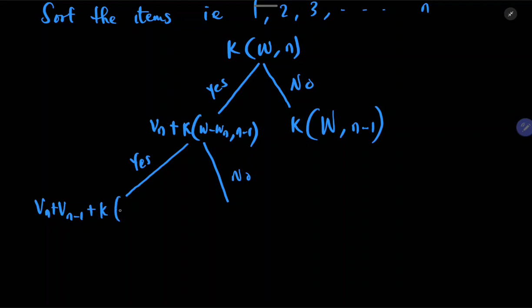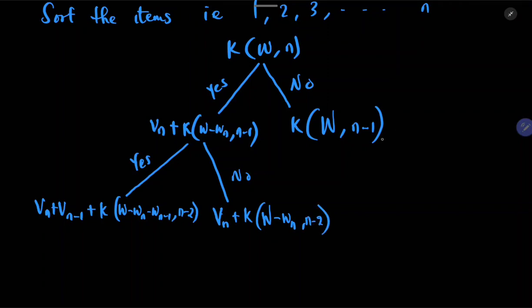We have K of W minus Wn minus Wn minus 1, with n minus 2. And if we do not pick, it means that at this point we have Vn plus K, the capacity still remains the same because we didn't pick, but now we have n minus 2.